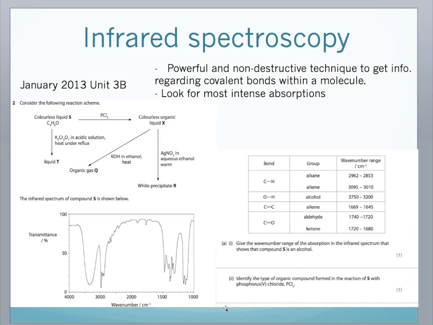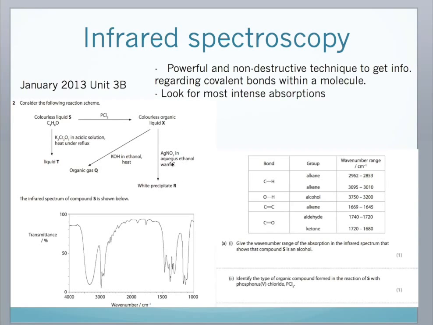The second question is to identify the type of organic compound formed in the reaction of S with phosphorus pentachloride. Again, this is something you would have to know. We're told that the product is a colorless organic liquid, and we can also see the reactions that compound X undergoes.